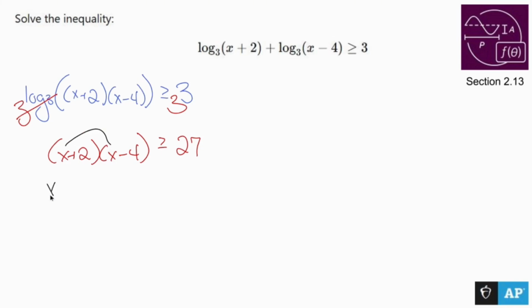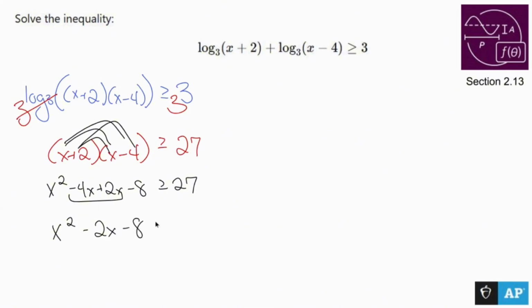X times x is x squared. We're foiling. Minus 4x plus 2x minus 8 is greater than or equal to 27. These combine: x squared minus 2x minus 8 is greater than or equal to 27.